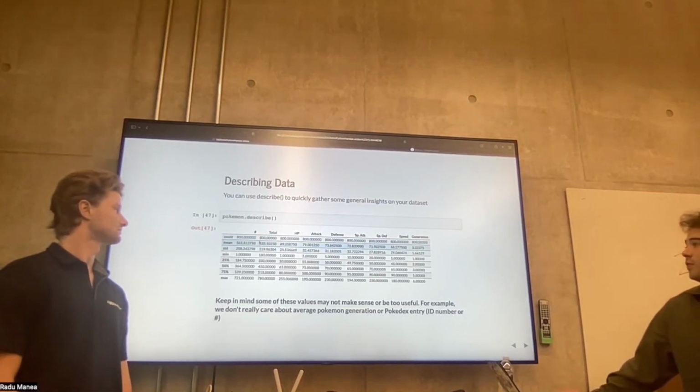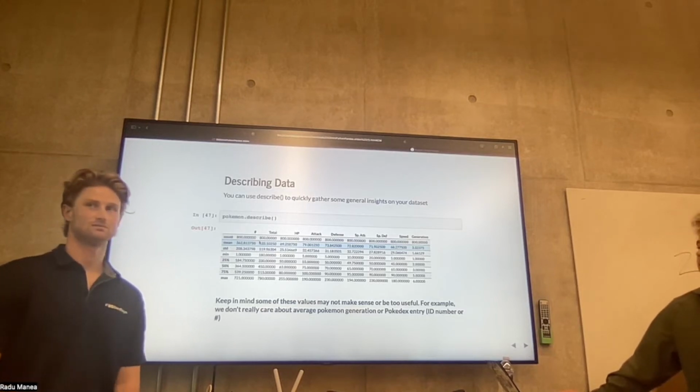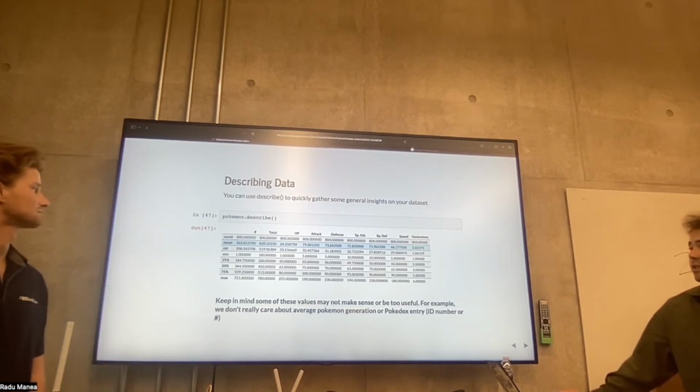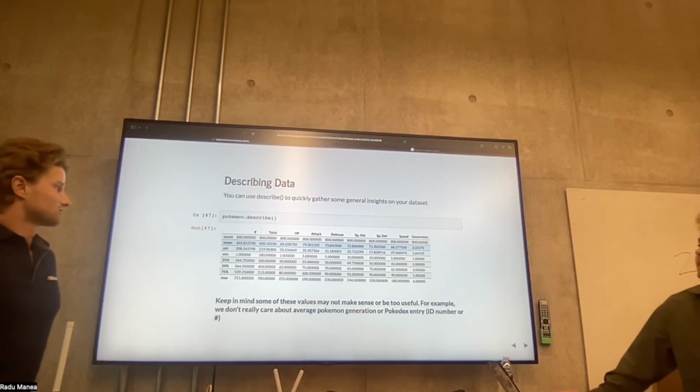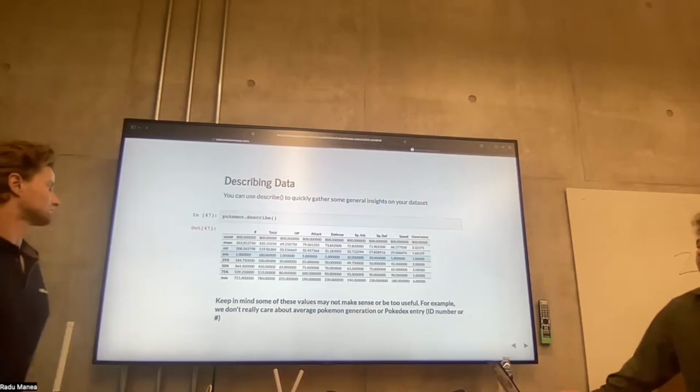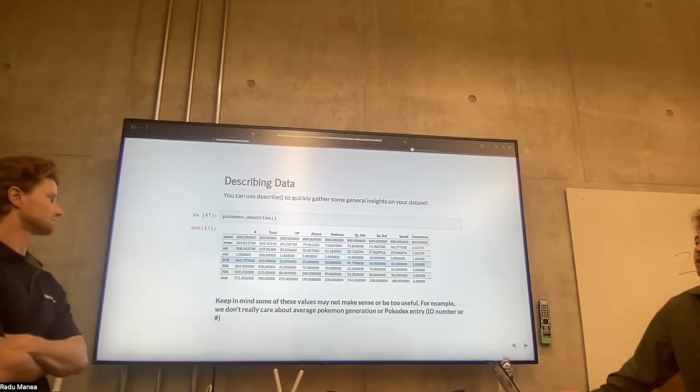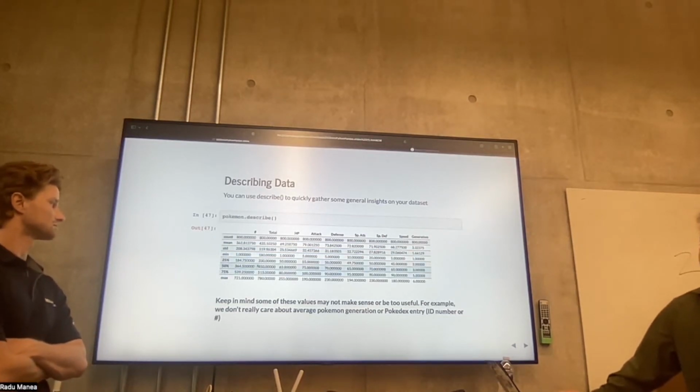These are very useful in numerical columns, obviously not as useful when you're dealing with strings or list records. And then the standard deviation, the minimum value, the 25th, 50th, and 75th percentiles of those values, and then the maximum value in each column.